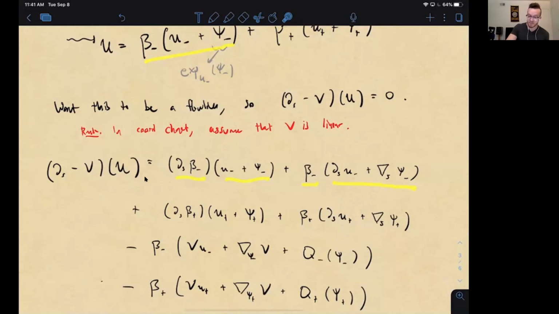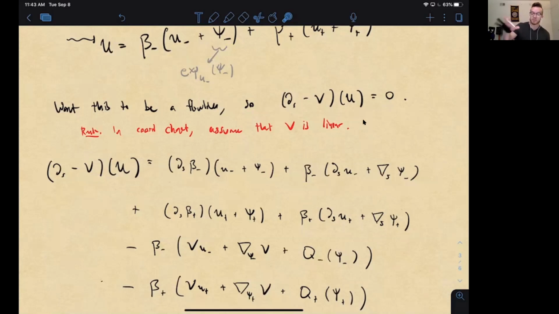Now these Q's here, so for example, okay, I'll just talk through it. In the third line, when you distribute the V, you'll get a V of U minus, then you'll get this covariant derivative.